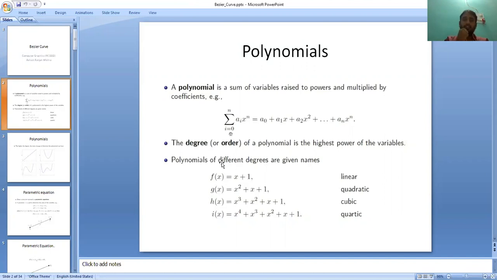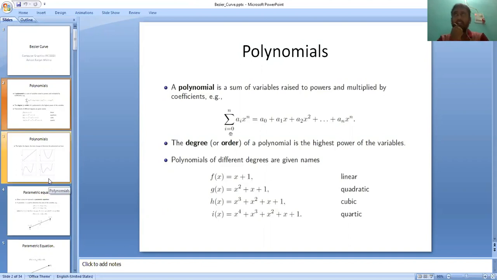Some polynomial equations are given. f(x) is equal to x plus 1, this is a linear polynomial. g(x) is equal to x square plus x plus 1, the quadratic polynomial. h(x) is equal to x cube plus x square plus x plus 1, the cubic polynomial. And i(x) is equal to x to the power 4 plus x to the power 3 plus x to the power 2 plus x plus 1, the quartic polynomial.